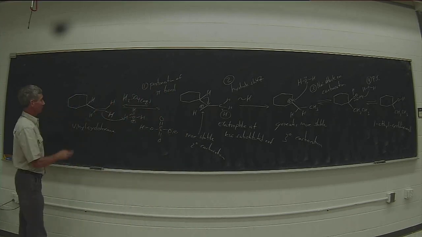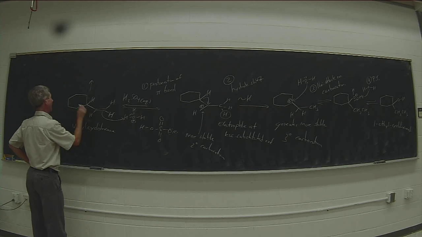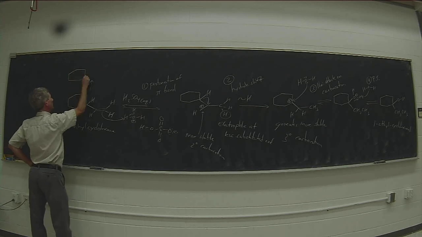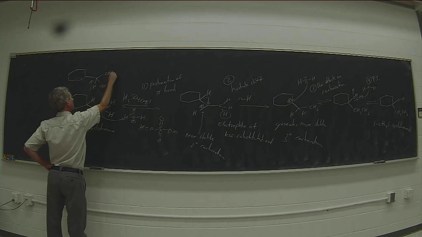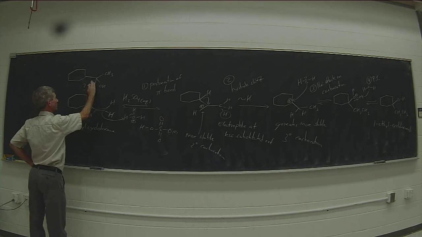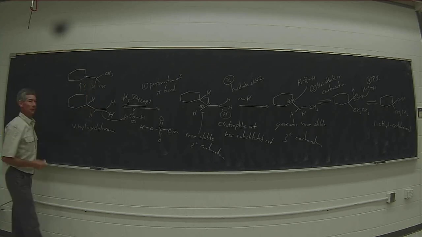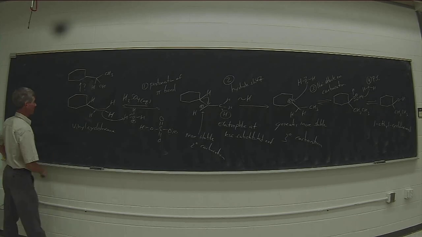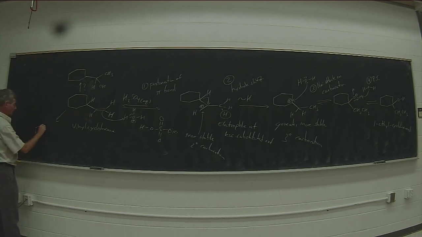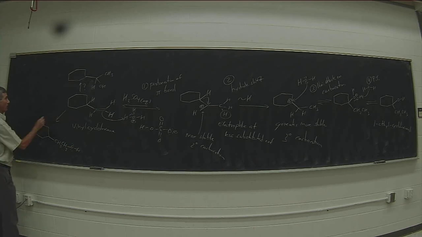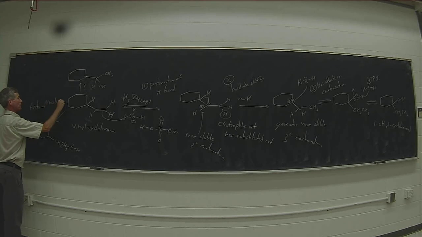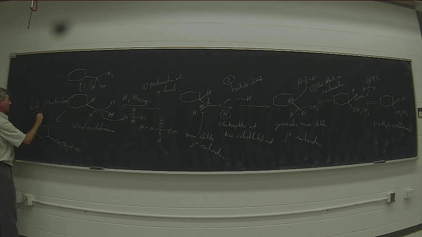So the question becomes, what can we do if we want to actually generate the secondary alcohol? Is it possible to hydrate that double bond without carbocation rearrangement to generate the secondary alcohol instead of the tertiary alcohol? And even more interestingly, are there conditions that would allow us to generate the primary alcohol, which would be an anti-Markovnikov addition reaction?